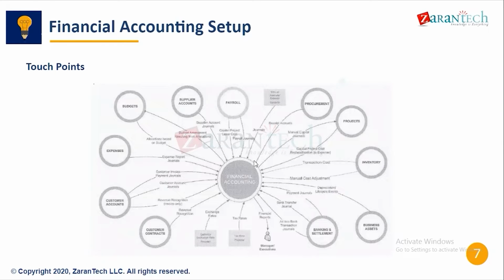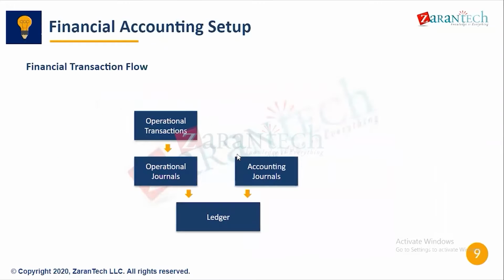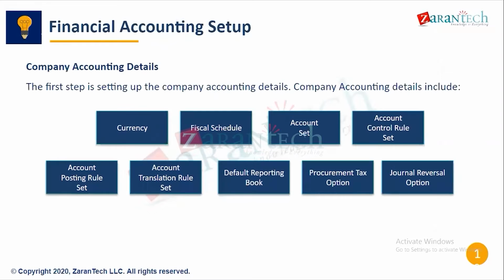Okay, so we designed one project, that is Dell Incorporation, and for that Dell Incorporation, we created one account set, and that account set has two types of flow, that is accounting journal and operational journal. We will discuss this in a while when we complete our accounting setup.